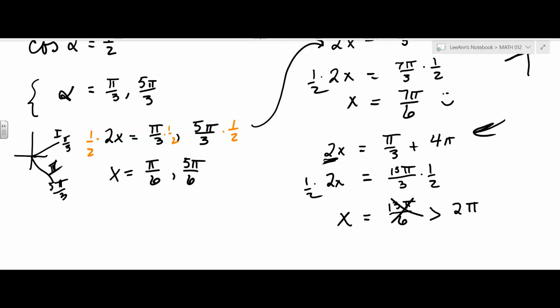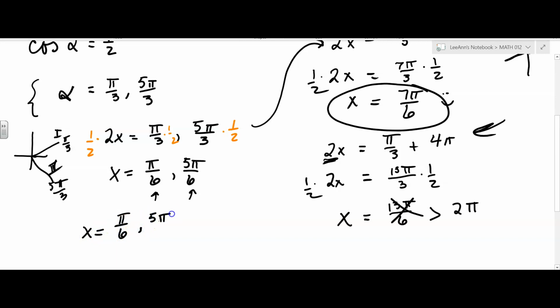So we have our solutions. We had this one, pi over 6, and 5 pi over 6. We also had a solution here, 7 pi over 6. And then there was another solution when we had 2x equals 5 pi over 3.